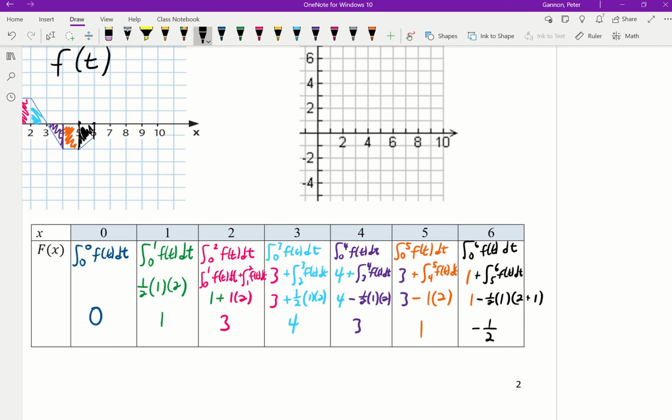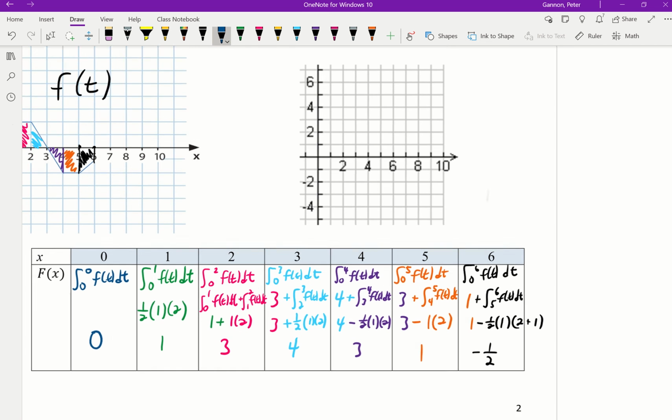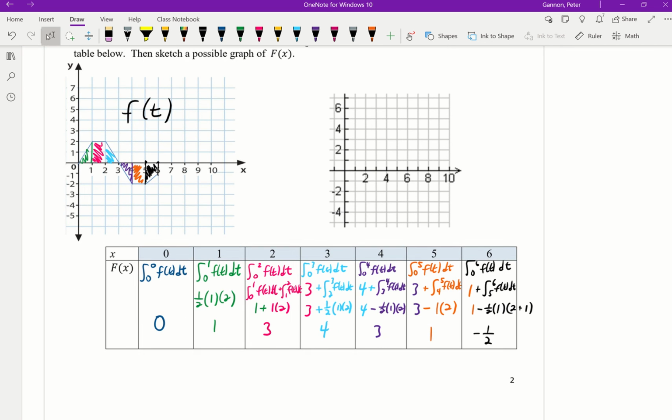All right. And what that does is give us values for the antiderivative of f at certain points. We could then plot those points to come up with a possible graph, because it wants us to sketch a possible graph for the antiderivative of f of x. The antiderivative of f at 0 is 0, so we're going to have a point here. Then we have the point 1, 1. We have the point 2, 3.